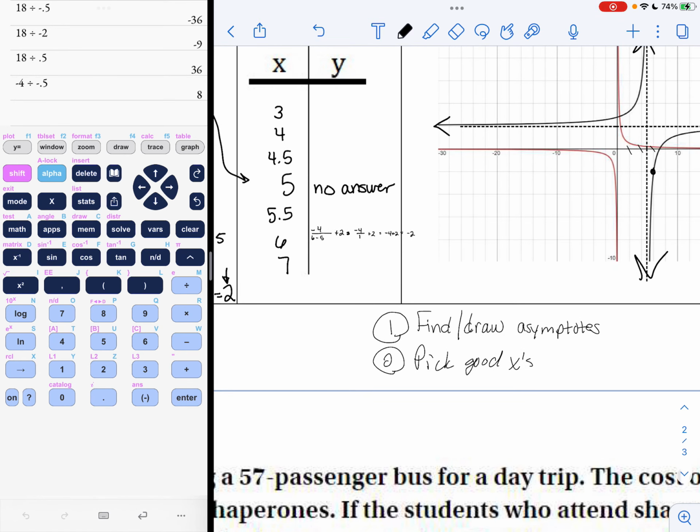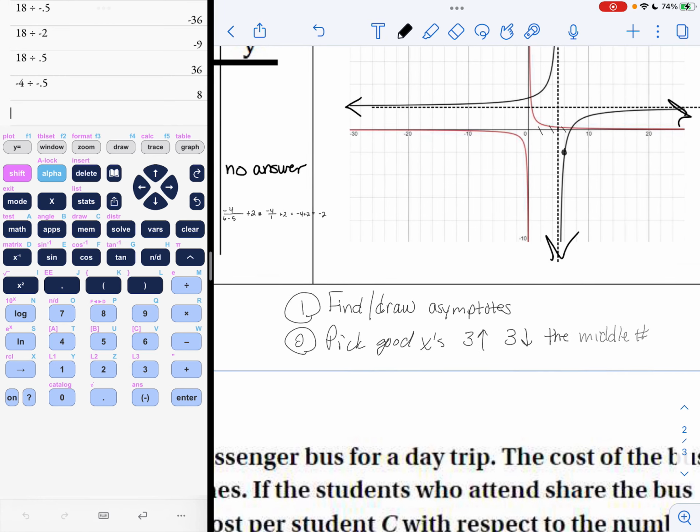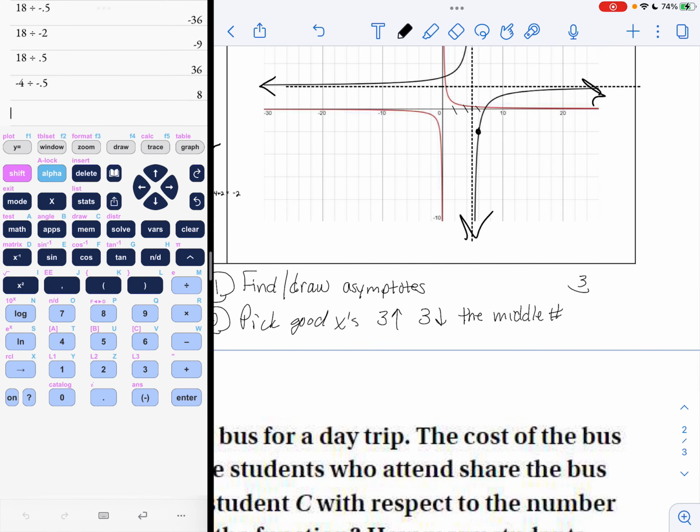Let's make a general rule that you need to find 3 above and 3 below your no solution, I'll say the middle number. That way you have nice points to show me. And then you plot them and connect with arrows. Plot, connect, and make sure you get some arrowheads on them. Remember, they have to approach your asymptotes but not touch them.